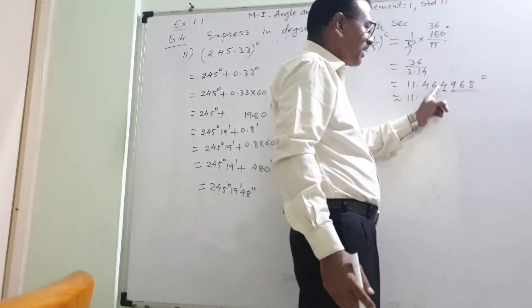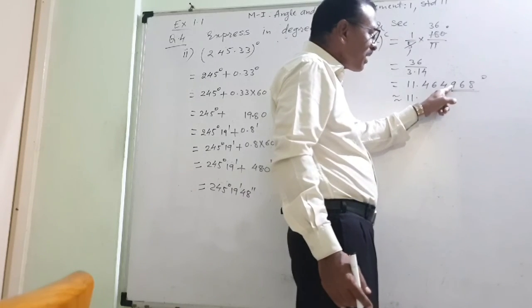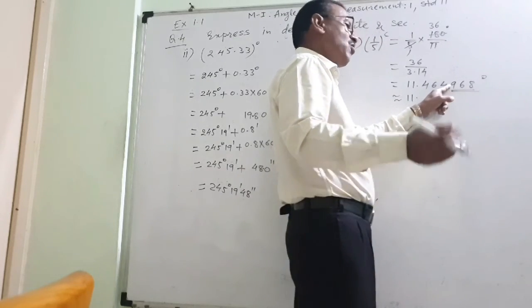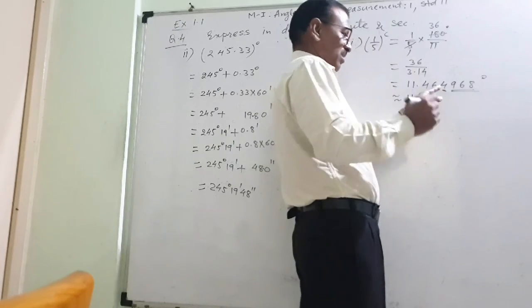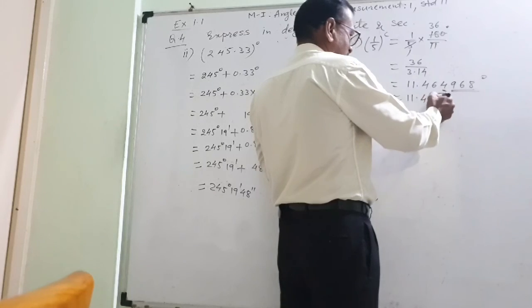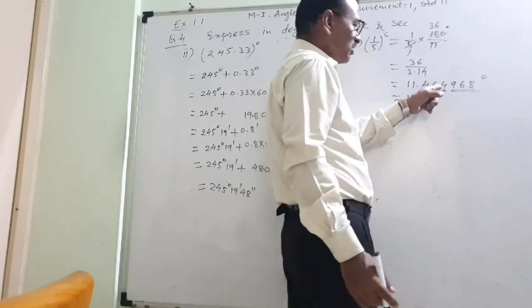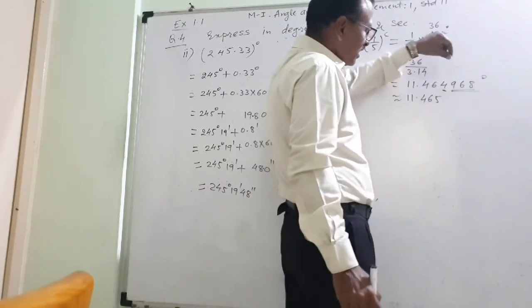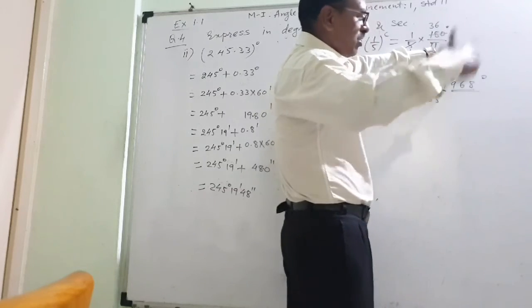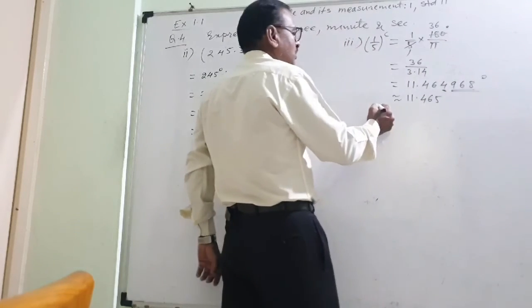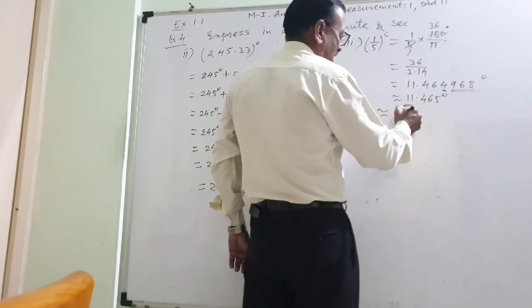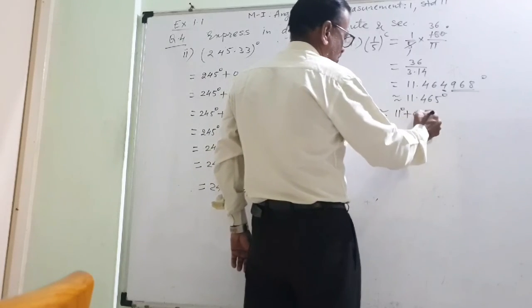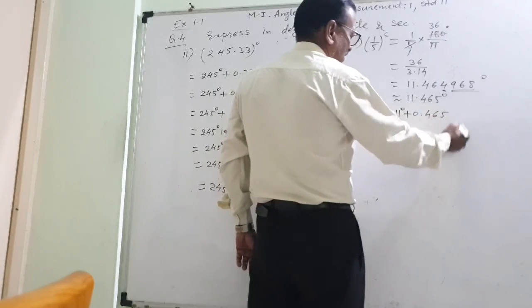If I am dropping this, then if this number is 5 or more than 5, I have to increase this number by 1. So it will be 465. So this will be increased by 1 when this number is 5 or more than 5. So that is approximately equal to, this is degree. So 11 degree plus 0.465 degree.